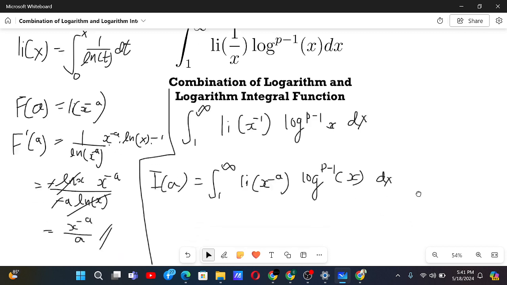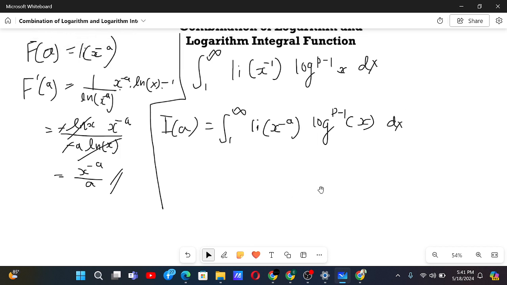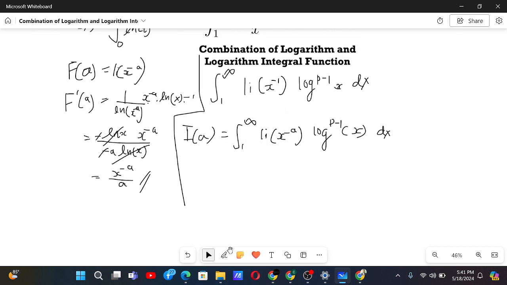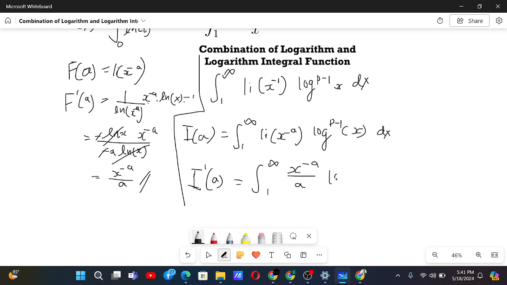Now this is the derivative of Li of x to the power minus a. Using this result, we will be able to simplify this expression. You see, this will simplify a lot. We get I dash of a as the integral from 1 to infinity of x to the power minus a by a, and then log to the power p minus 1 of x dx.